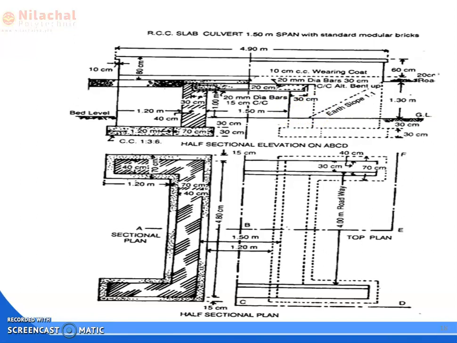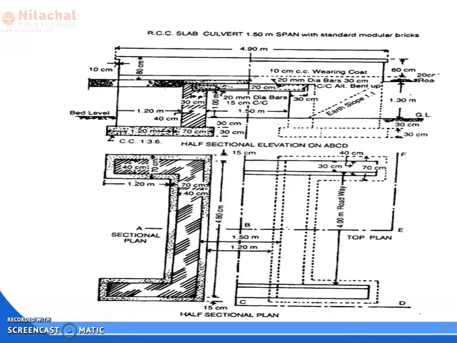So the breadth is 40 cm plus 150 cm plus 40 cm, which gives 230 cm, or 2.30 meter. It means the roadway width is 2.30 meter.